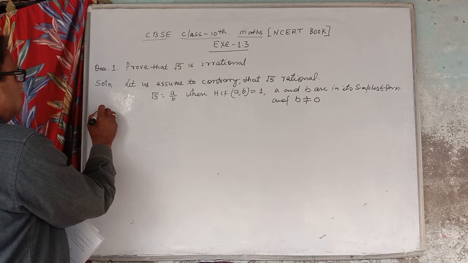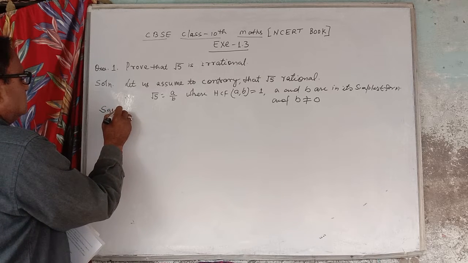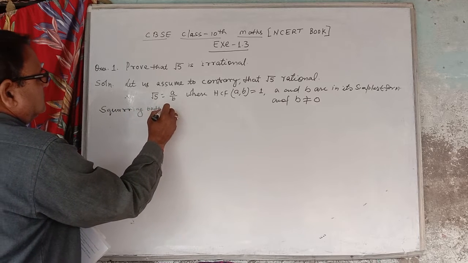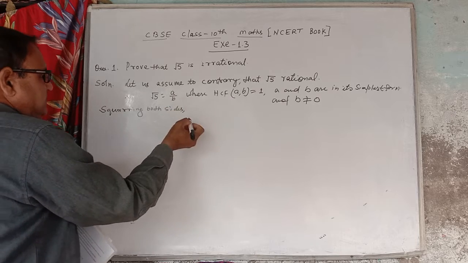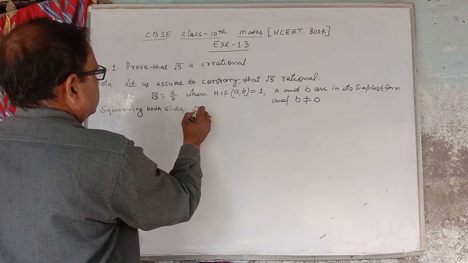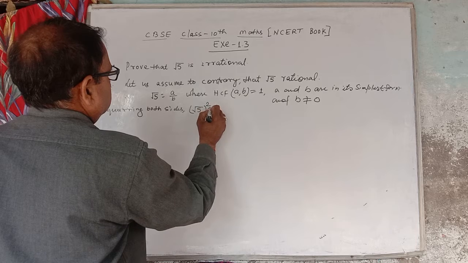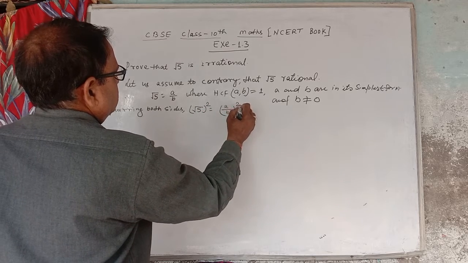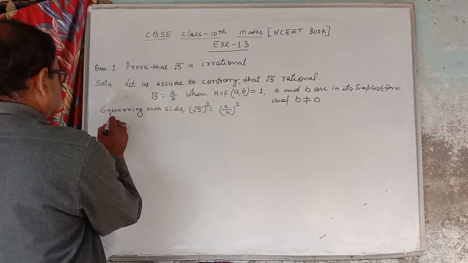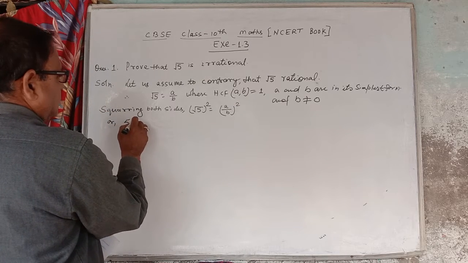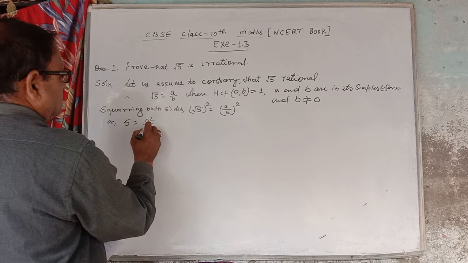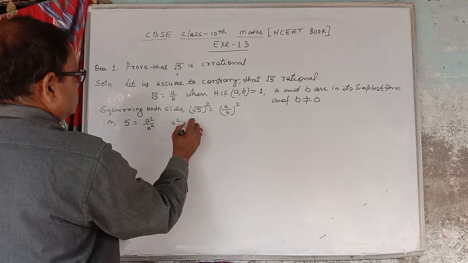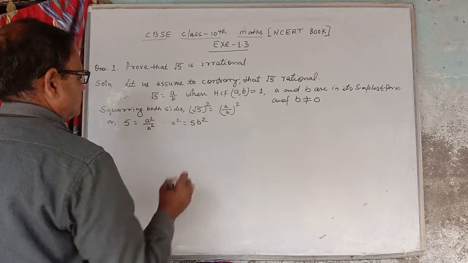Now squaring both sides, we have whole square of root 5 is equal to whole square of a by b, or 5 is equal to a square by b square. Therefore, a square is equal to 5b square.